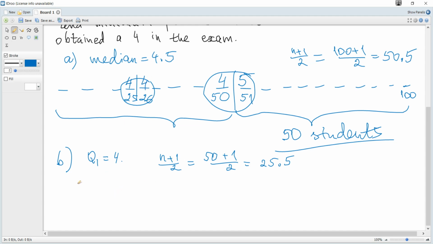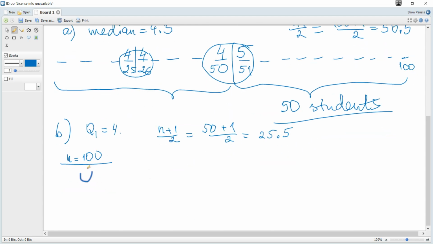And if you want to use the total number of values, 100, how to find Q1 and Q3? The position of Q1 is n plus 1 over 4, and to find Q3 we use the formula n plus 1 over 4 multiplied by 3.